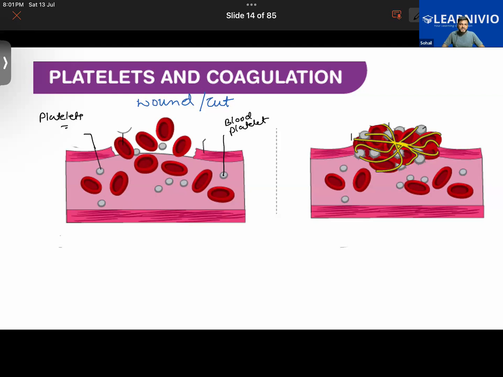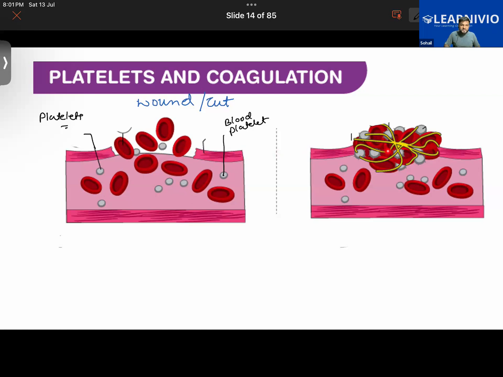Just simply understand that these platelets will be helping in developing a clot. Right now, as you can see over here, all these red blood cells have clumped together and formed a semi-solid mass. Thereby it has blocked this opening via which blood was being lost.